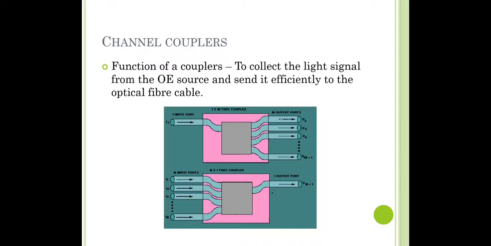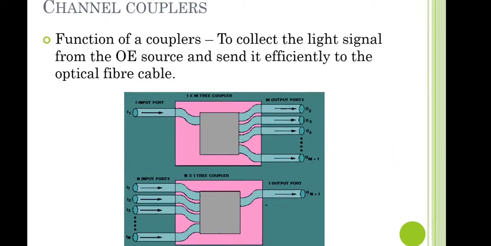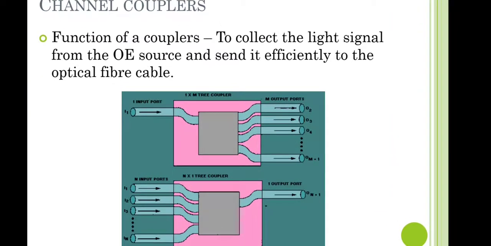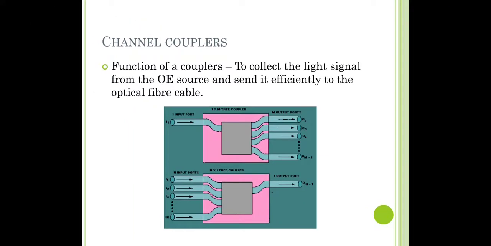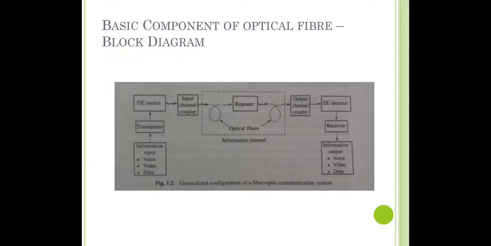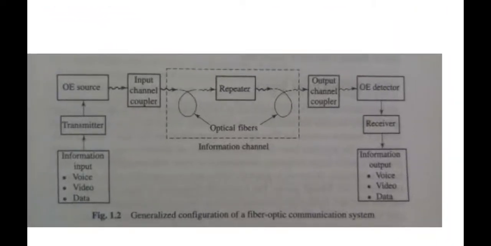So this is a diagram for couplers. It splits or couples the input signals and sends them efficiently via the optical fiber cable. The next block in the block diagram is optical fibers.